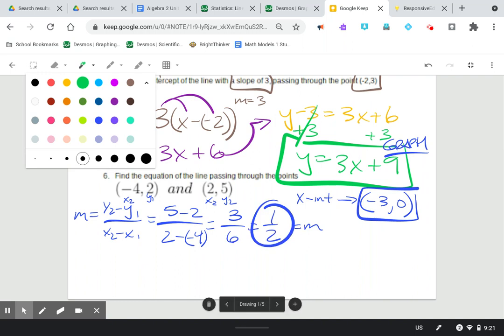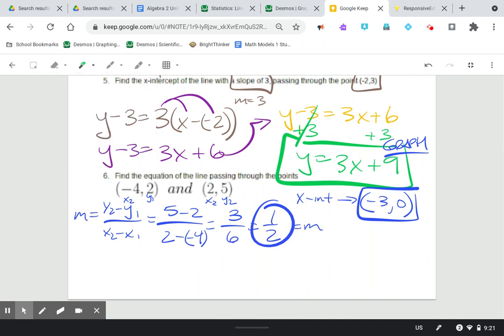And then I can use either point to get the answer. Doesn't really matter. I'll go ahead and use the second point, 2, 5. So we're going to get y minus 5 equals 1/2 times x minus 2. Y minus 5 equals, and we're going to distribute 1/2. 1/2 x minus 1. 1/2 times 2 is 1.